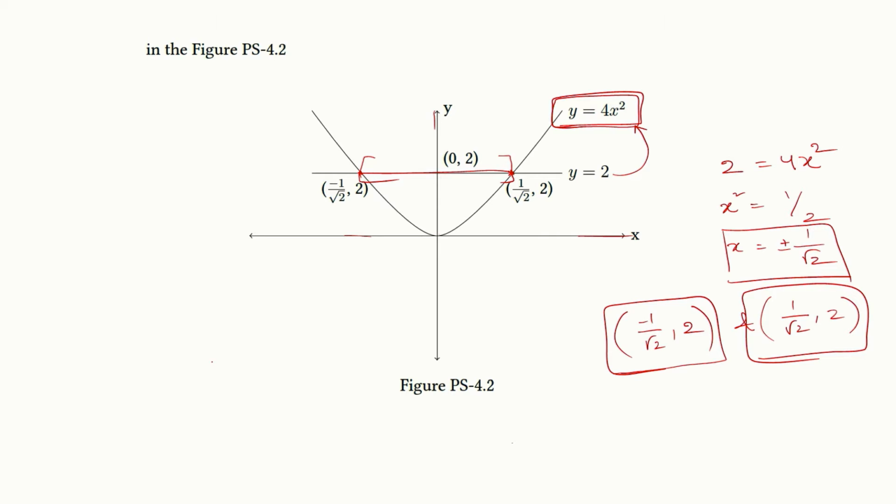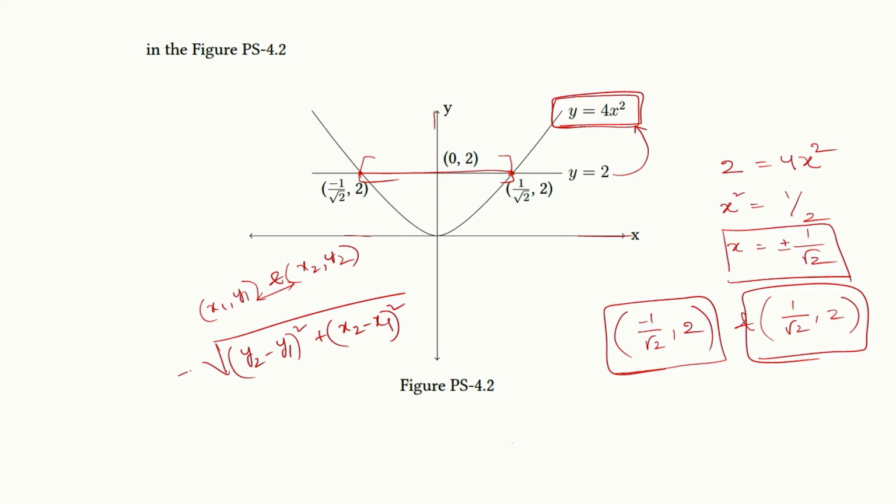The distance formula is root over (y2 minus y1) whole square plus (x2 minus x1) whole square, where (x1, y1) and (x2, y2) are the points. So the distance between these two points will be equal to this.